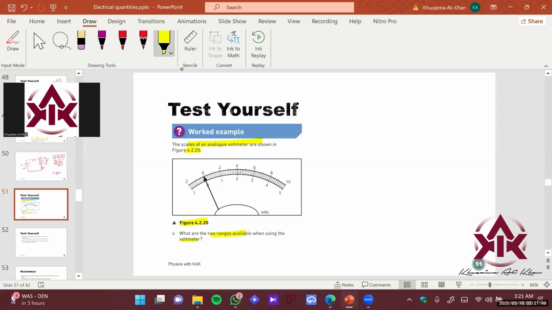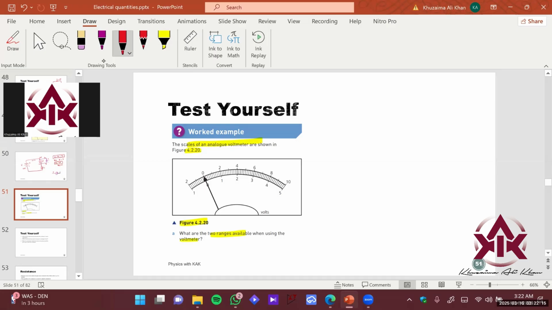You can see you have two scales here. The first scale is at the top and the second scale is at the bottom. This is asking what ranges are available for measuring voltage, depending upon the scale.